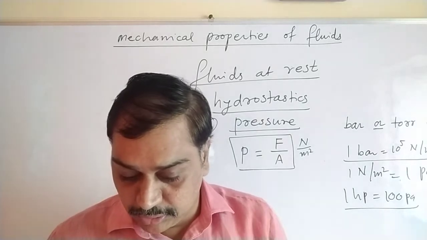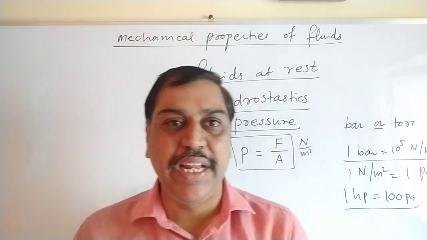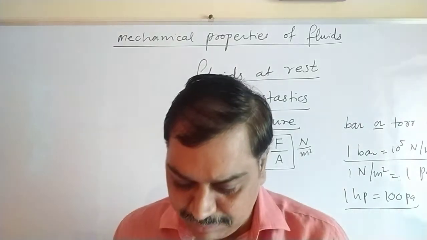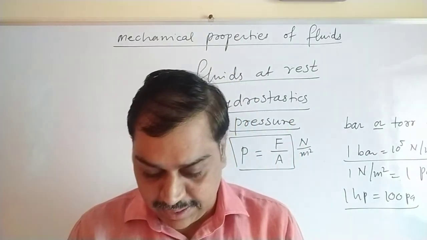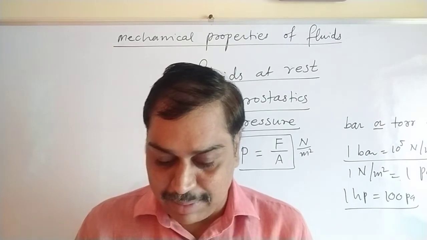The next one, use your brain power. There is a student whose mass is 50 kg, standing on both feet, both legs, on the floor. Estimate the pressure exerted by the student on the earth.